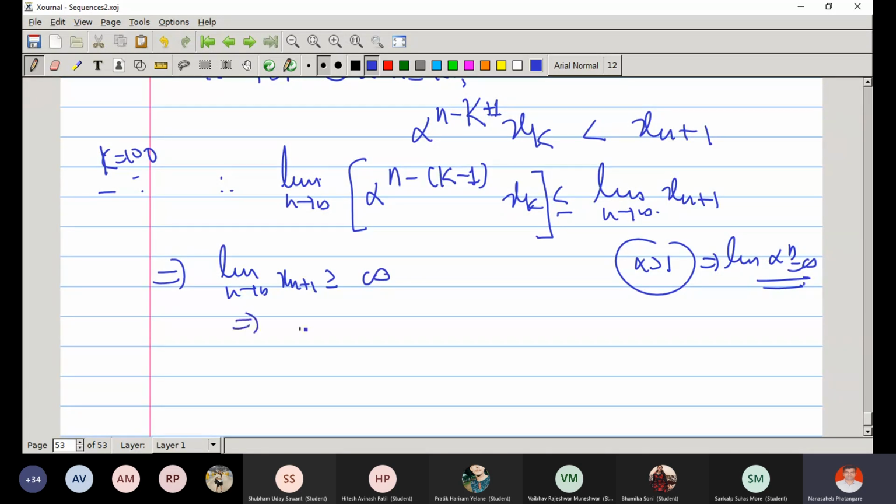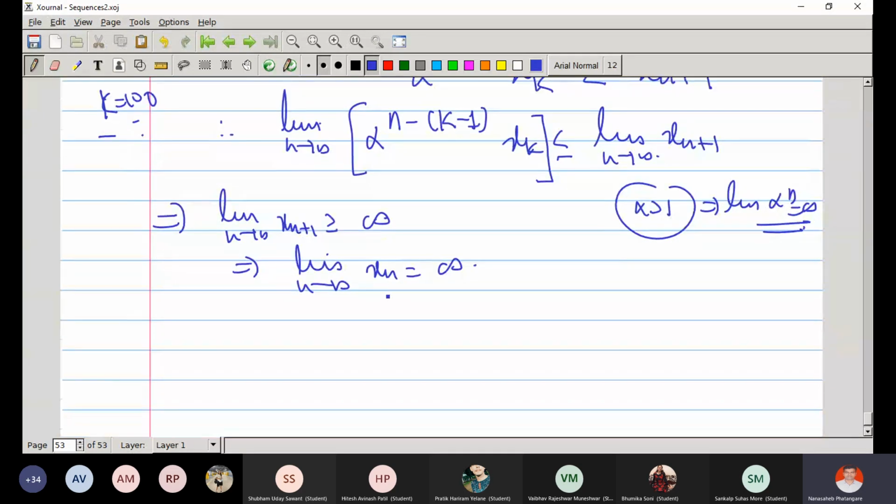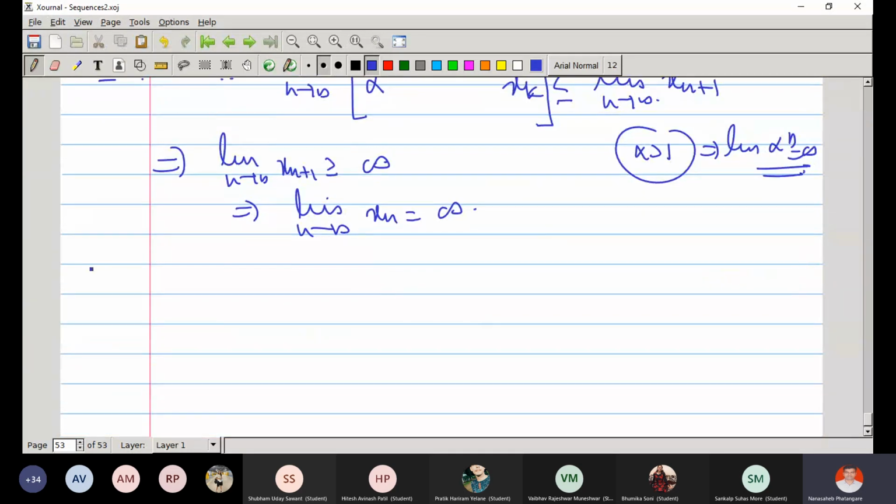That means the limit of x_n is actually infinity because it is unbounded. So therefore, if the limit of x_{n+1} upon x_n is greater than 1, then the sequence diverges, and it actually diverges to plus infinity.